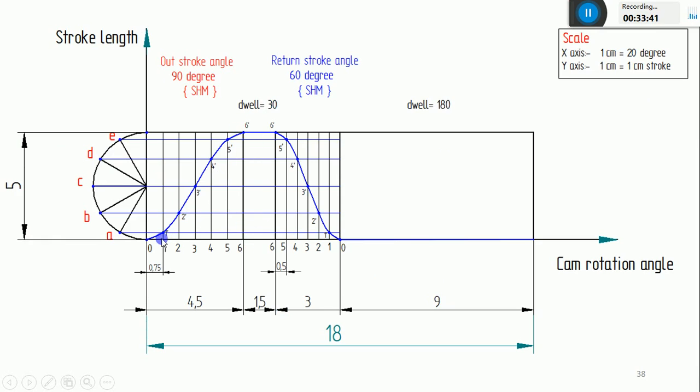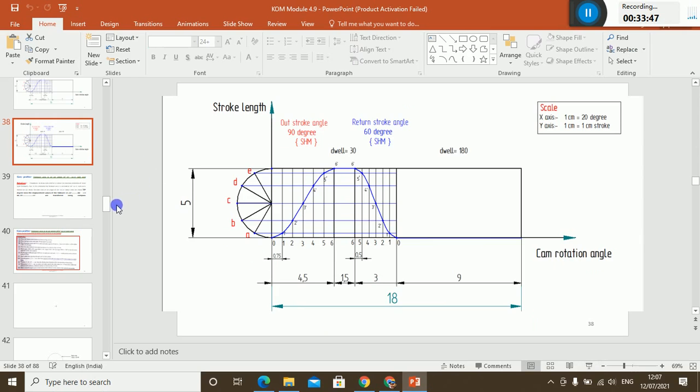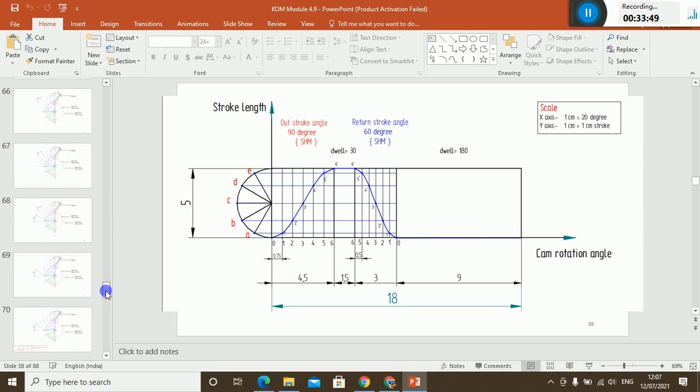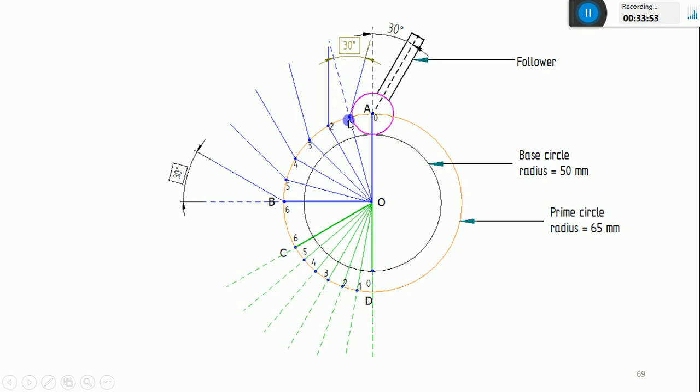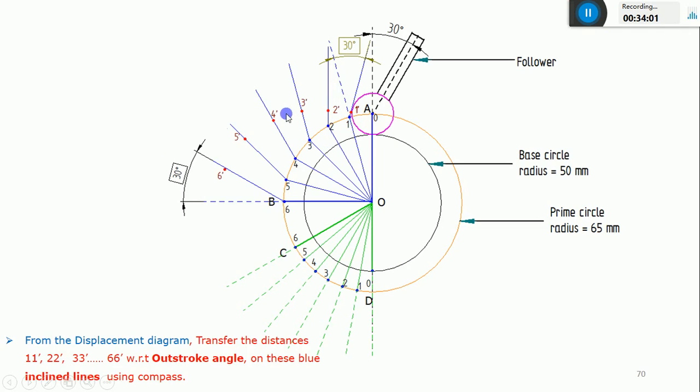I'll copy these distances from the reference 1 2 3 4 5 6, and I'll transfer them over the cam profile from 1 2 3 4 5 6 on the prime circle. So this is the reference. Just cut an arc, that is 1 1 dash. Just take this as a reference. Just cut one more arc, 2 2 dash, 3 3 dash. So we'll get all these 6 points: 1 dash, 2 dash, 3 dash, 4 dash, 5 dash, and 6 dash.